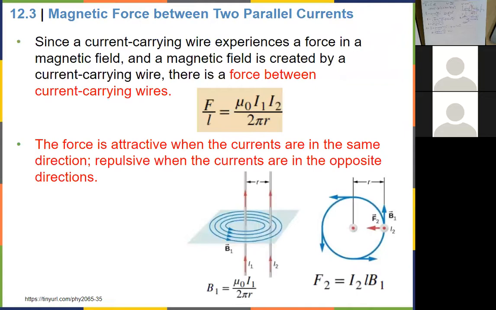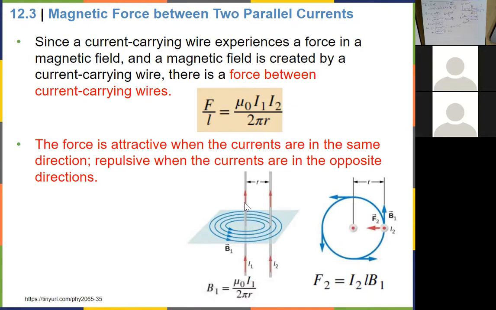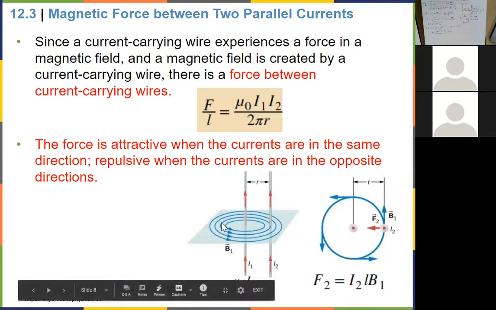If not, we'll move on to the next section on the magnetic force between two parallel current carrying wires. If we have two wires in space close to each other, both carrying currents I1 and I2, separated by r, you can imagine that if you look at one wire first, it will produce a magnetic field in circular form.